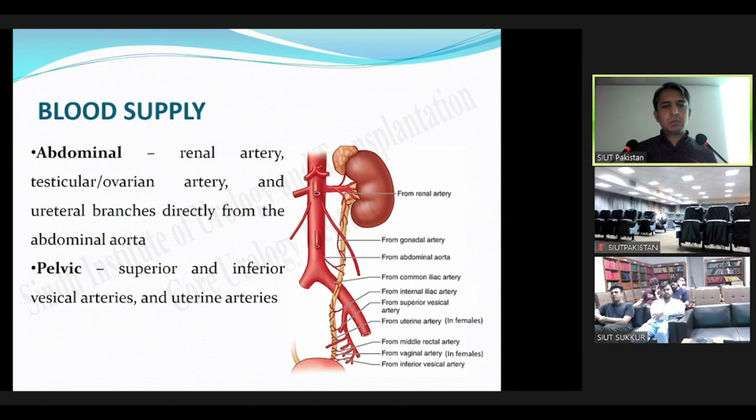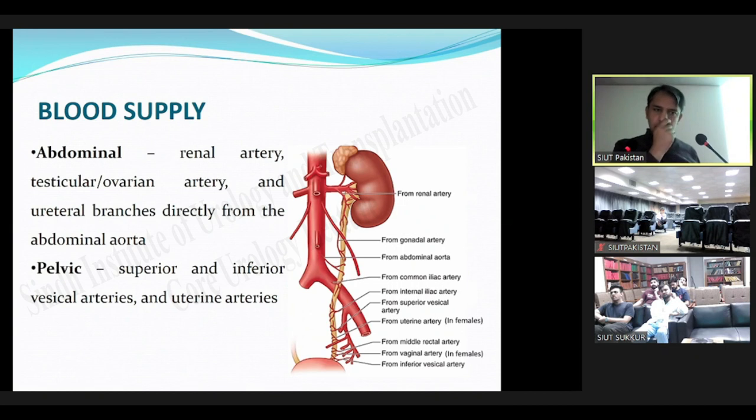Transitional epithelium and lamina propria; they both collectively form the mucosa of the ureter. Outside there is the muscular layer, longitudinal and circular. And then comes the adventitia. That outer layer carries the blood supply along the whole length.